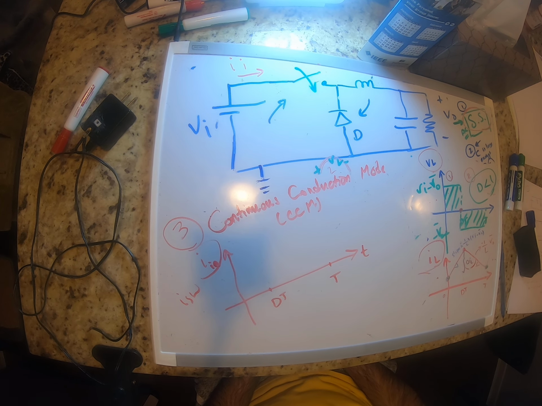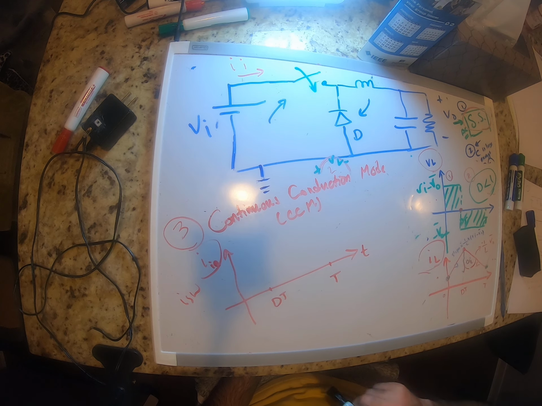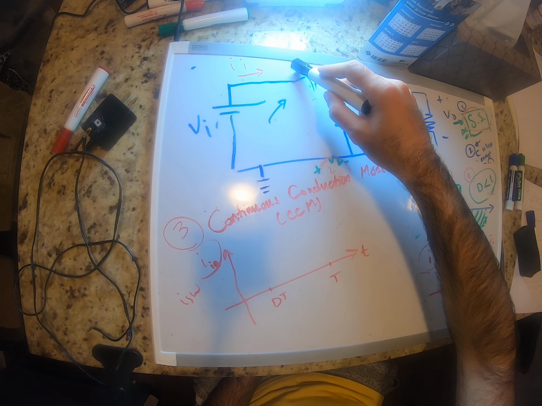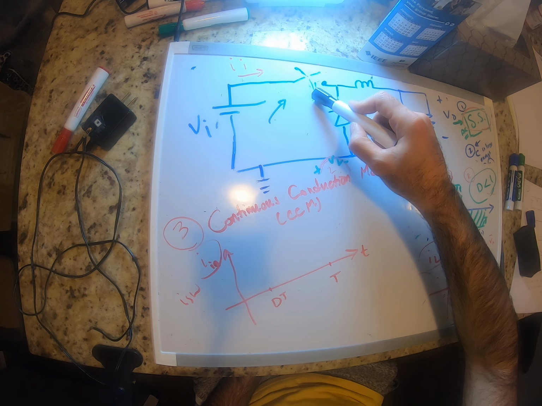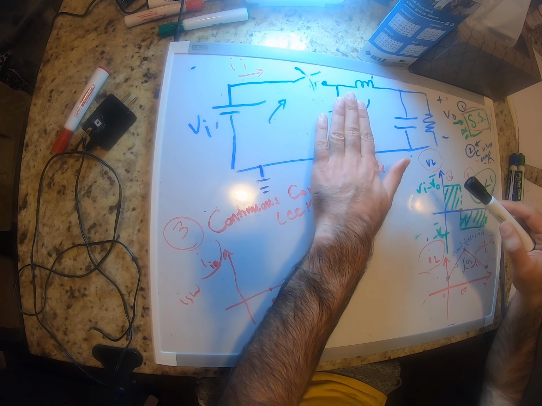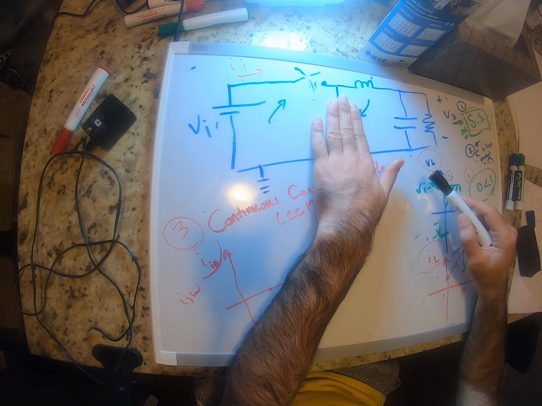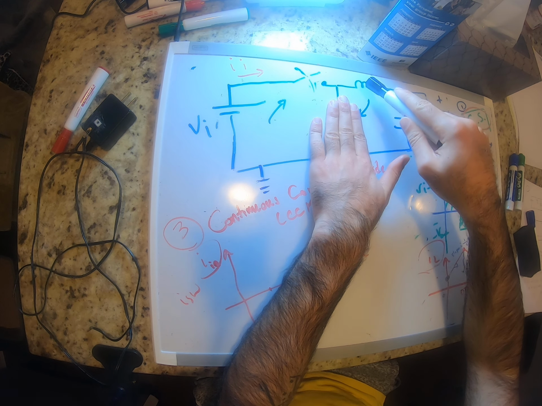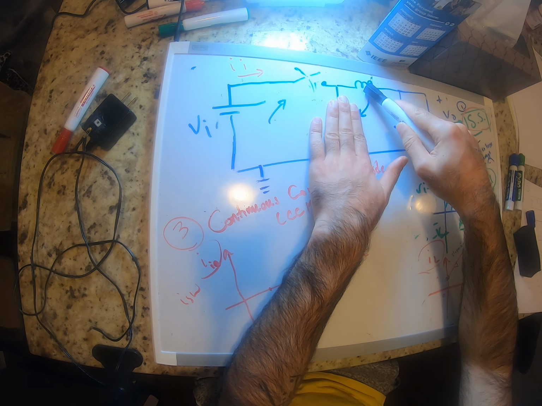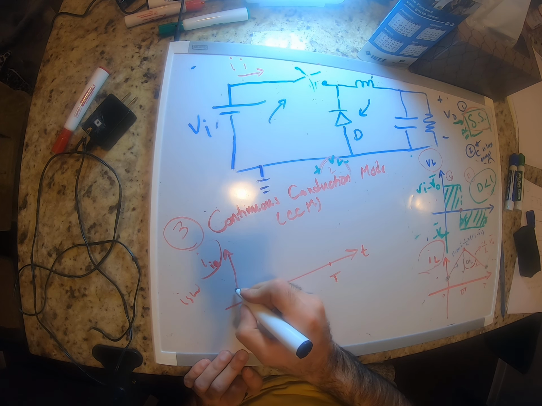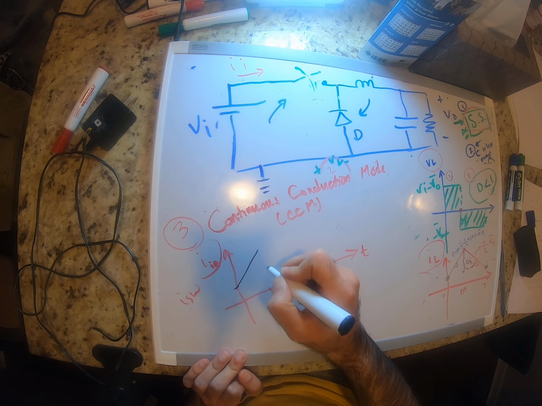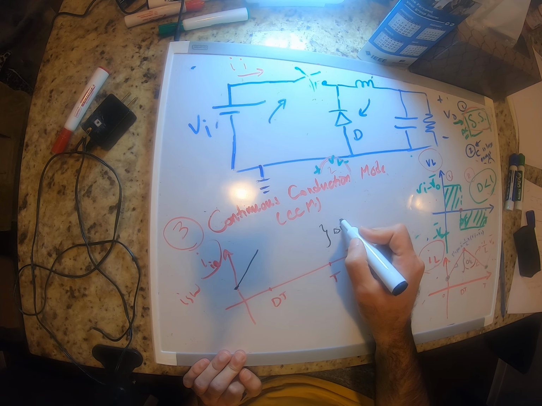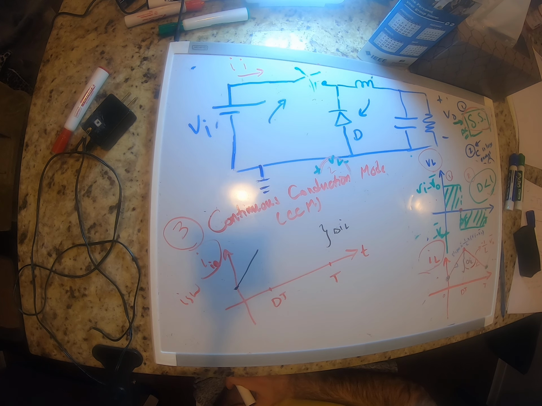How does this one look? When the switch is on, or closed, when we apply a gate signal to the switch, the diode is going to be reverse biased, so it's not going to conduct. So I input is going to be exactly equal to the inductor current, with exactly the same shape, including this much current ripple.